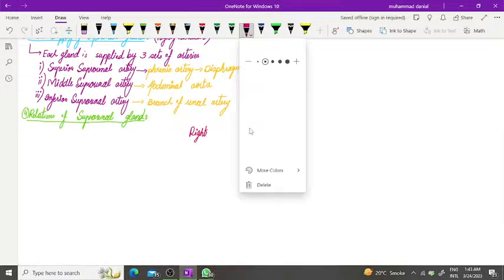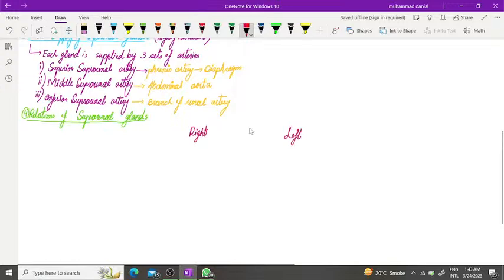Definitely we will be talking about anterior, posterior, inferior, superior, lateral, medial, every side of the suprarenal gland, and which organs are near to this right and left suprarenal gland.